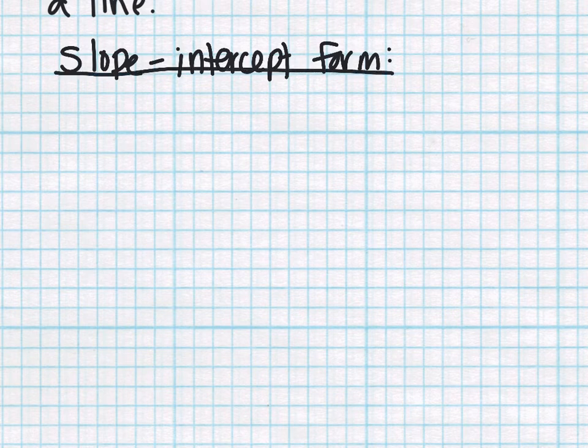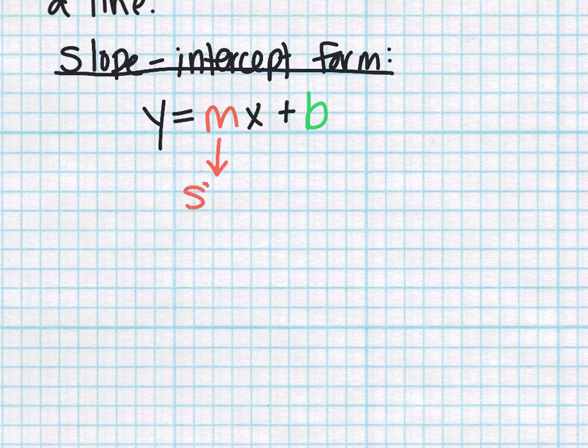Slope-intercept form is y equals mx plus b. So y and x aren't going to change from line to line, from equation to equation. M is our slope, which is our rise over our run.